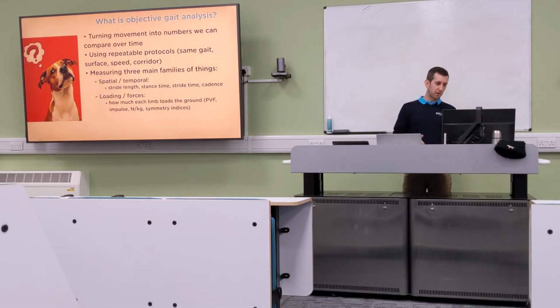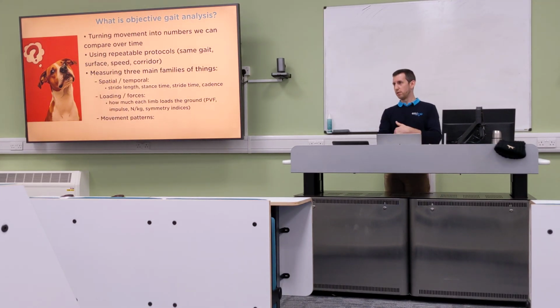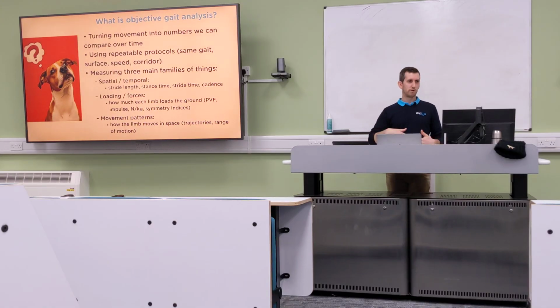So it can be the peak vertical ground reaction force, the Newton per kilogram, the symmetry, etc. And the last one is the movement pattern. It is how the limb is moving in 3 dimensions. So the trajectory of the limb, the range of motion, all of that. So you will always see these 3 categories, whether you use any kind of objective tool or gait analysis.